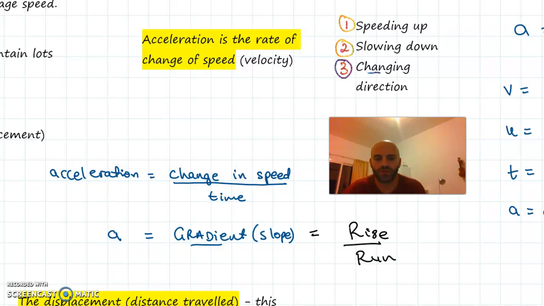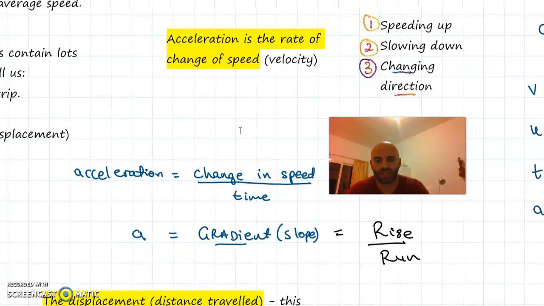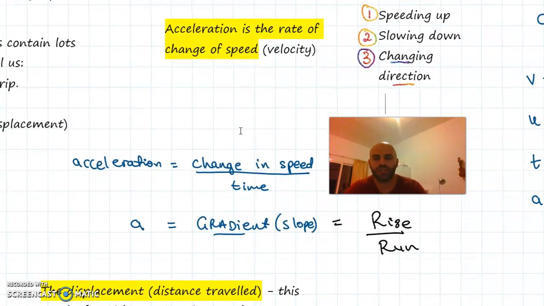Okay, so this is where the vector part comes into it, because once it changes direction, it now accelerates a bit more. Okay, so there's an equation for acceleration, and I've shown it just here. Acceleration is basically the change in an object's speed divided by the time taken to change that speed.